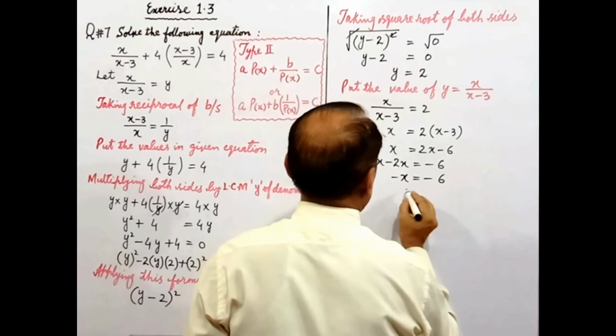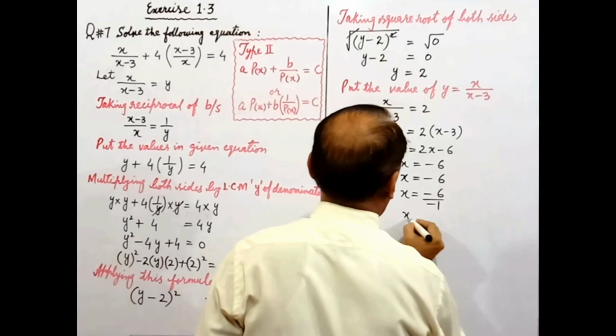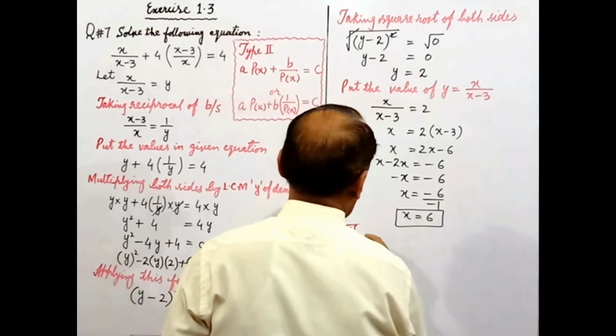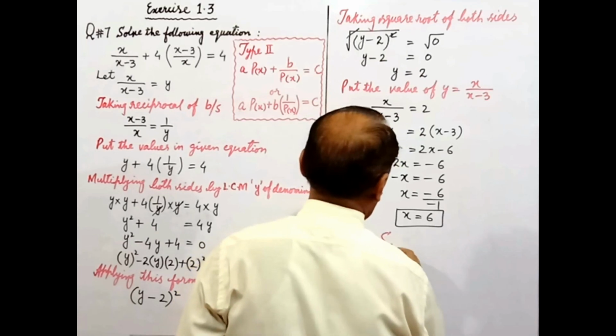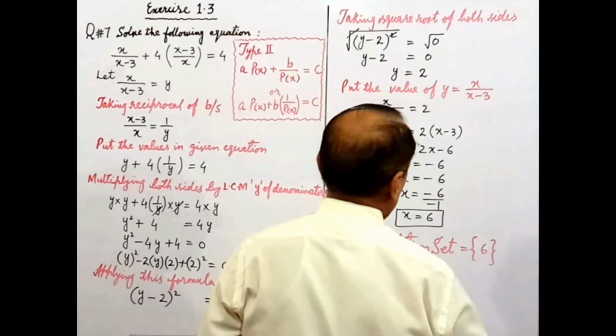Minus 1 is taken to the right hand side and we have x is equal to 6. Thus the solution set is 6. That's it for question number 7.